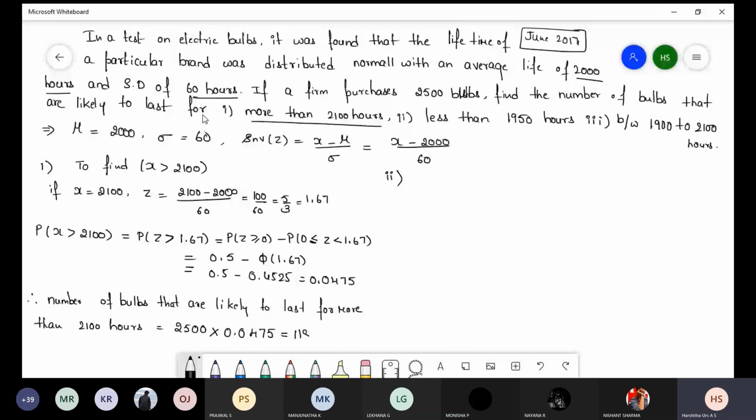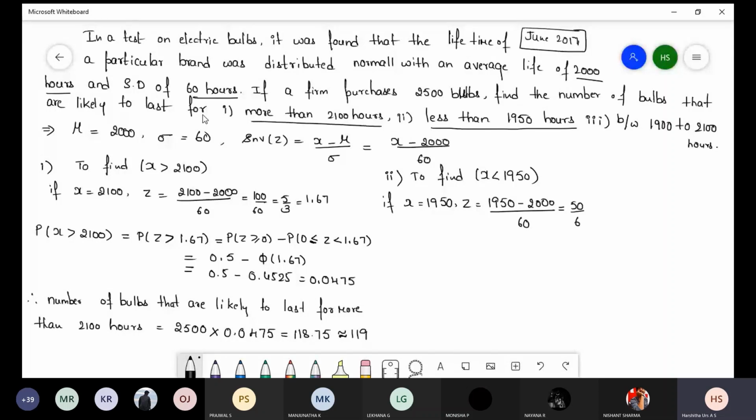Next, second one, less than 1950 hours. So to find x less than 1950. If x is equal to 1950, z is equal to 1950 minus 2000 divided by 60, so minus 50 by 60, that is minus 5 by 6, equal to minus 0.83.